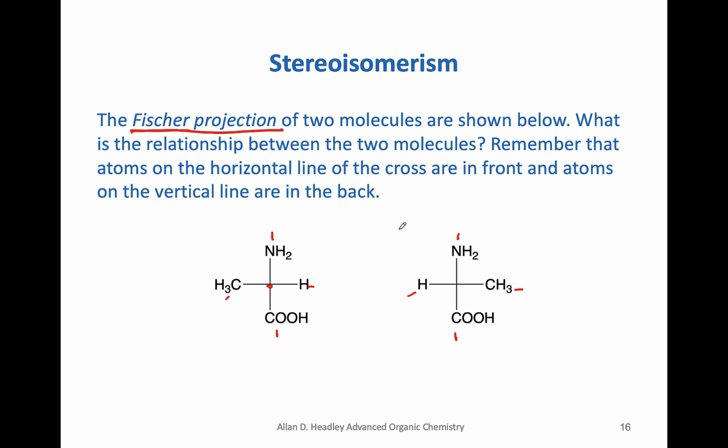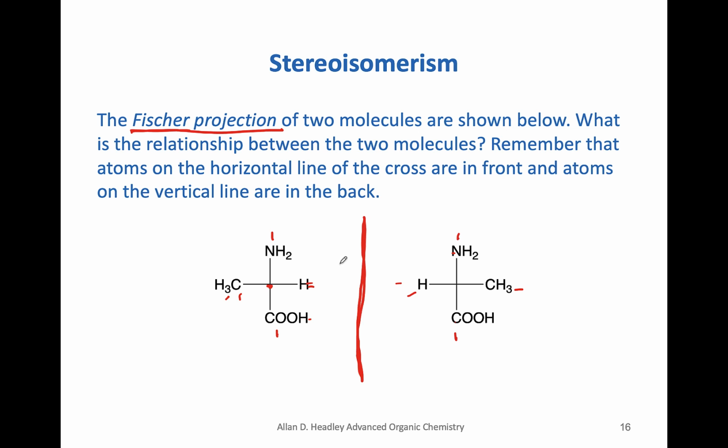Looking at this, the question is, are they the same or are they enantiomers? One way you can look at this is to quickly determine that if a mirror was right here, this hydrogen reflects, the amine group reflects, and the carboxylic acid reflects, and this is in the back. Therefore these are mirror images of each other.